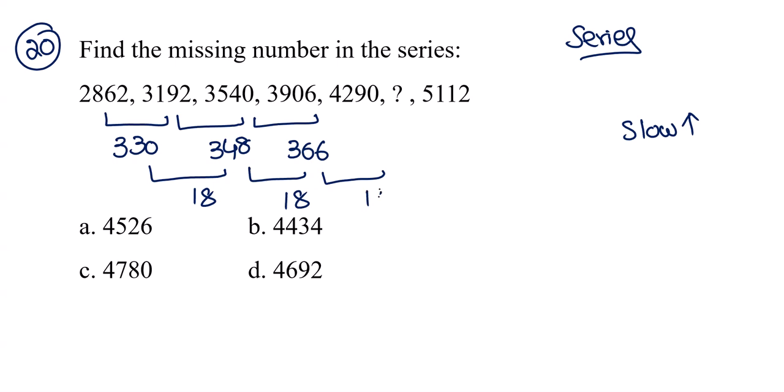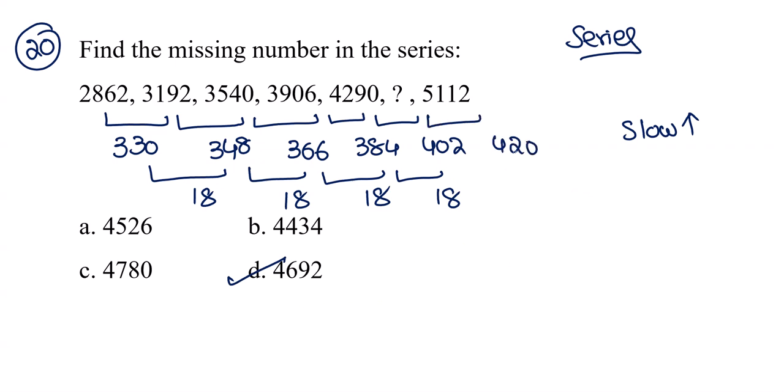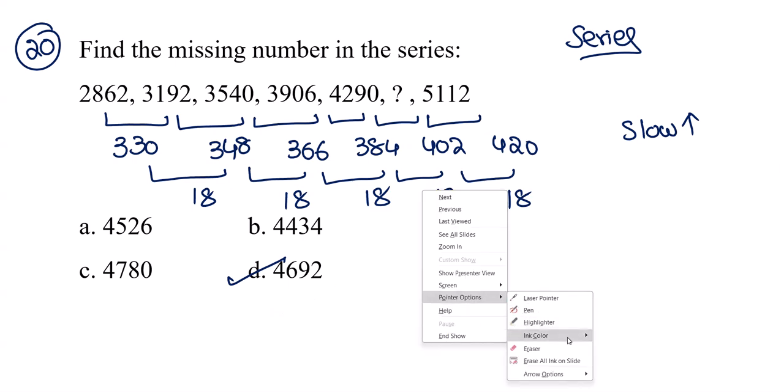Slow increasing again, 18 extra. You can check it out here. They're going for 384. Next should be 18 extra, meaning 402. So 429 and 402 if you add, we'll get 462 as the answer. Still, if you want to check, from there they are adding 420. 462 plus 420, you can check it out. That's 5112.